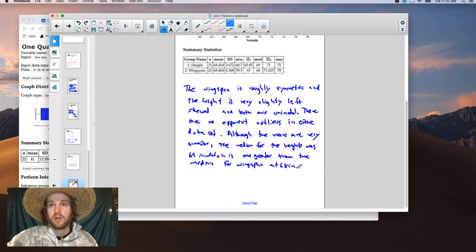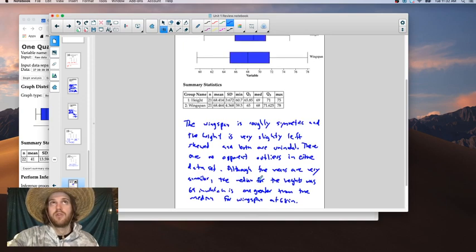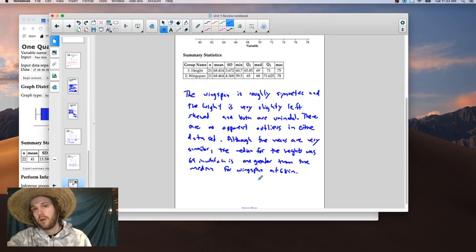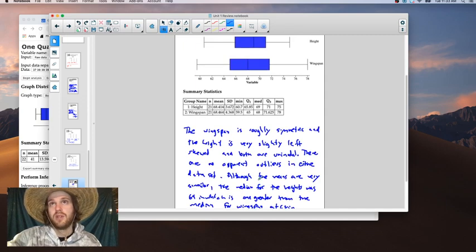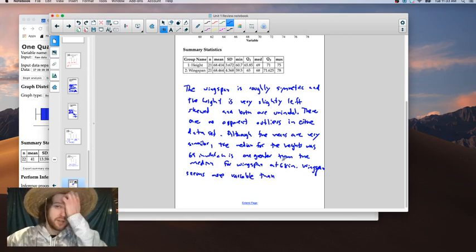So we've done shape, outliers, center, and now what's left is variability. Wingspan seems more variable than height. Now, one thing I want to note here, guys, when you're talking, you can't just end there.